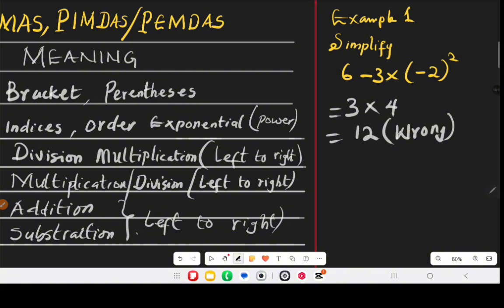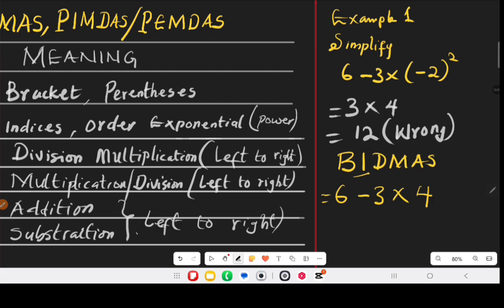Now, the correct one: we have to follow the order of operation, which is BODMAS or BIDMAS. In this question, we have to solve the bracket first. So when we take 2 raised to the power of 2, we have 6 minus 3 times the bracket, or the index, minus 2 raised to the power of 2, which is the same thing as 4.